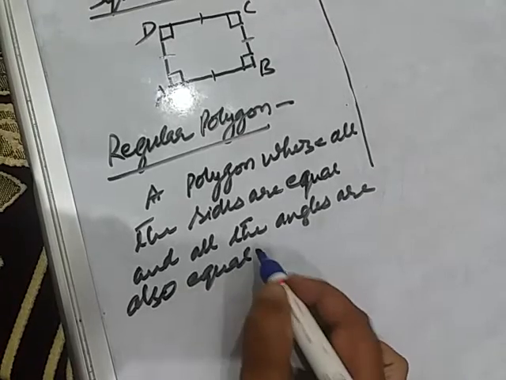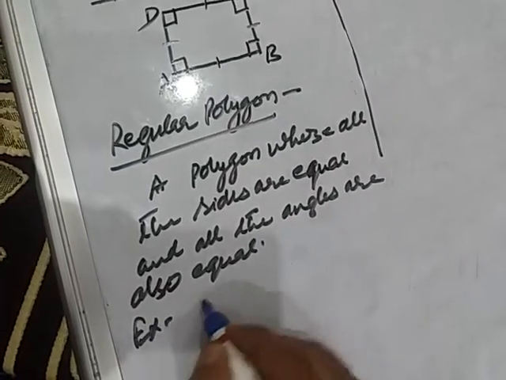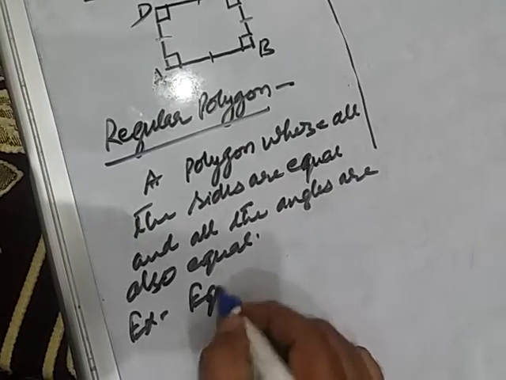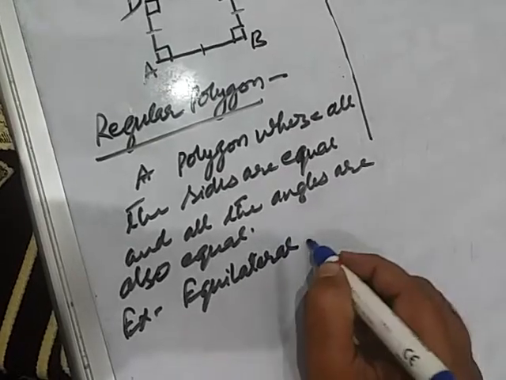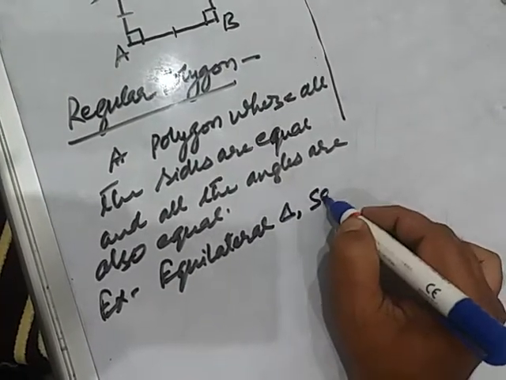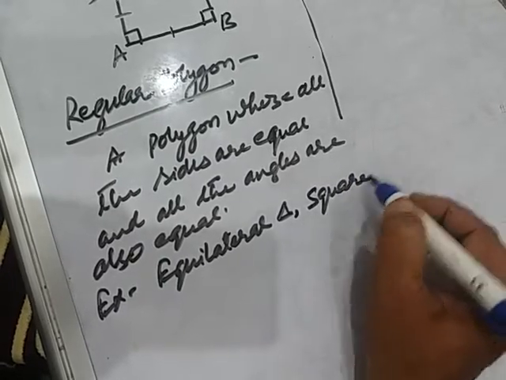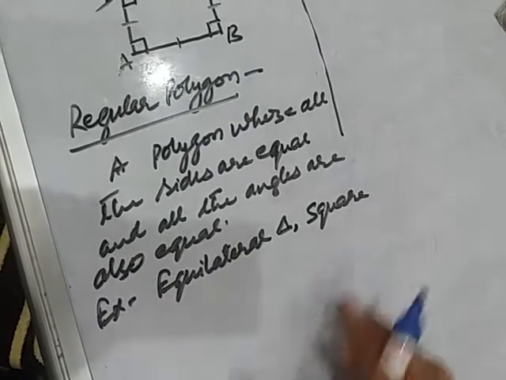For example, an equilateral triangle is a regular polygon. Your square is also a regular polygon. Square, etc. So equilateral triangle and square.